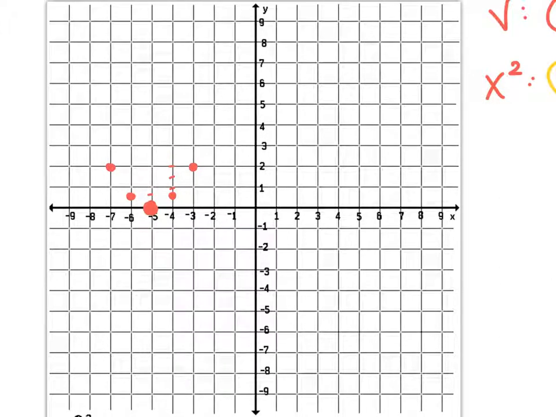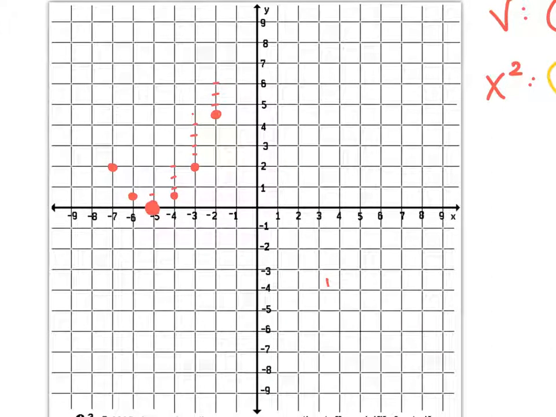Now 5 halves, 1, 2, 3, 4, 5 halves over 1. And then up 7 halves, 2, 3, 4, 5, 6, 7 halves over 1. So notice you still go over 1 every time. It just changes how far up you go, and that's going to be symmetrical on both sides.